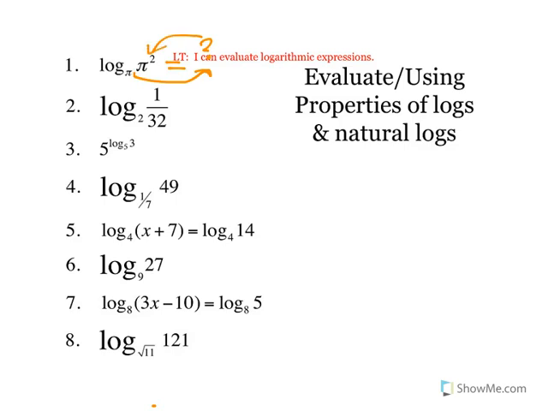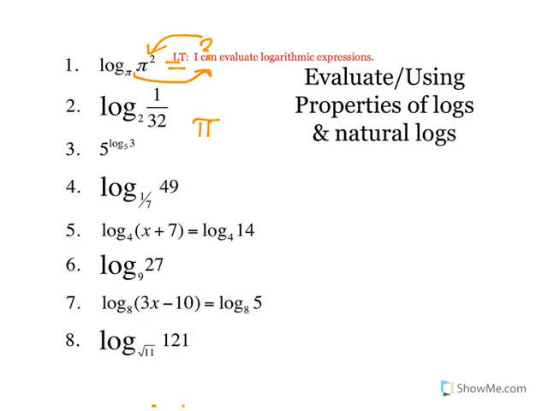So I'm rewriting a logarithm, okay, because unless you know the property, nobody can say log base pi of pi squared equals blah, blah, blah. But we can rewrite this as an exponential, as its inverse, and see what our answer is very quickly. So that's what I'm going to do for almost all of these. I'm going to rewrite this logarithm as an exponential.